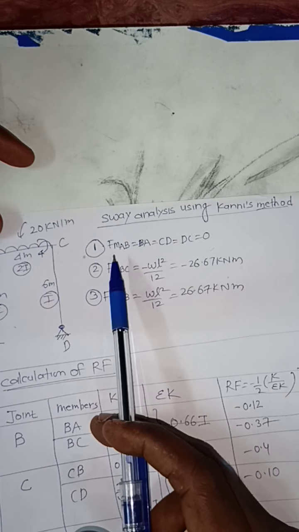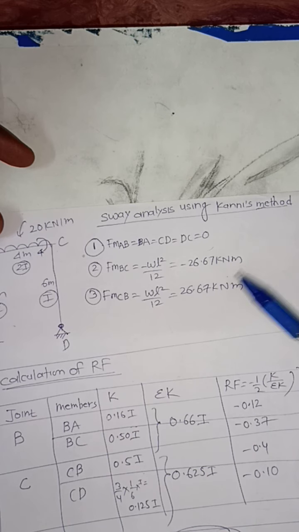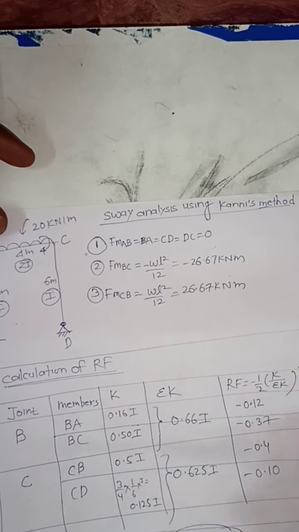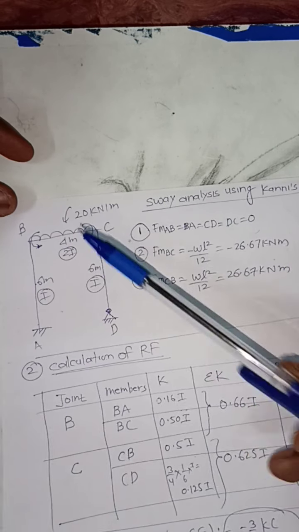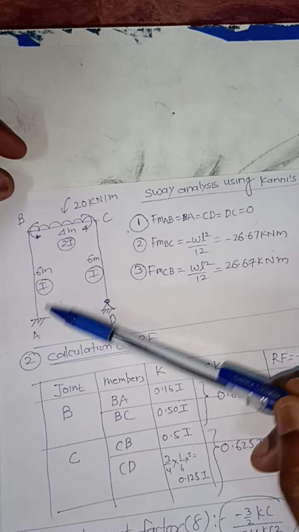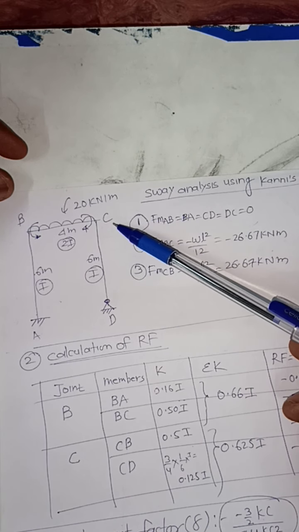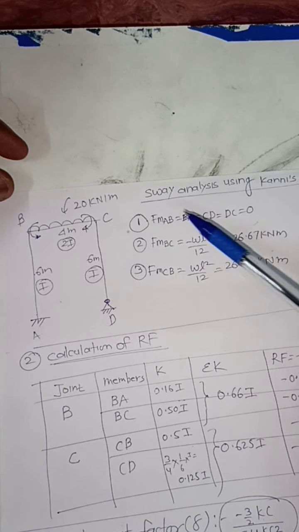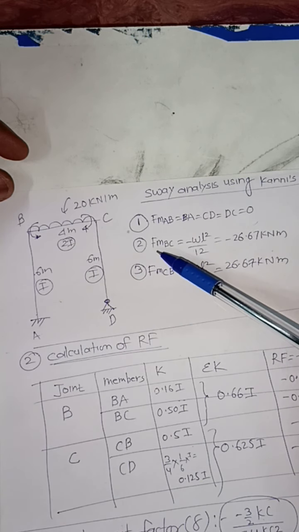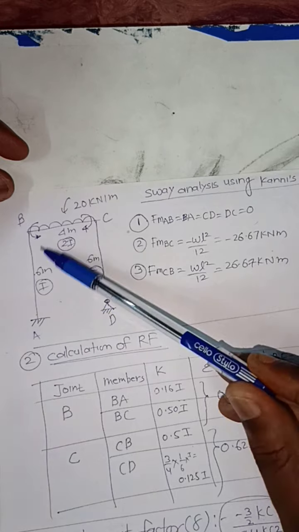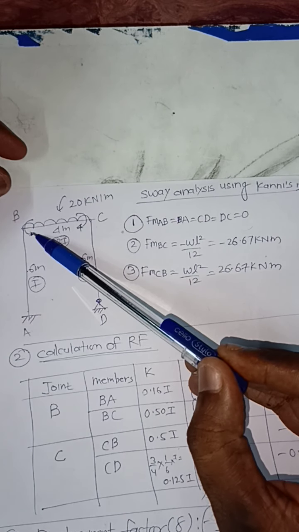First of all, we have to calculate the fixed end moment. The fixed end moments for AB and BA, and similarly CD and DC, are equal to 0, as there is no external loading acting. For BC, there will be an anti-clockwise moment formed.